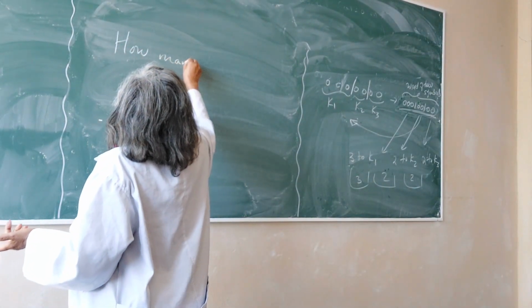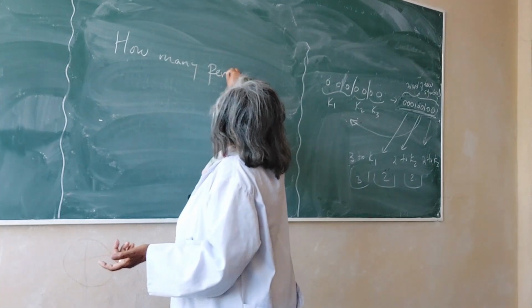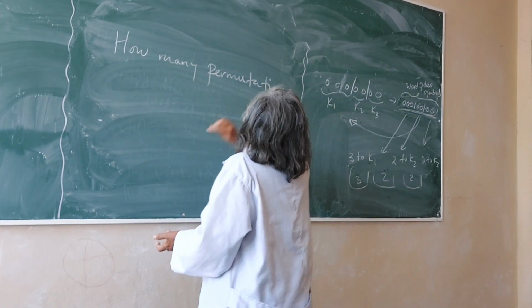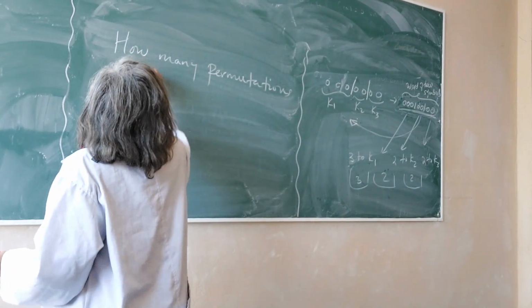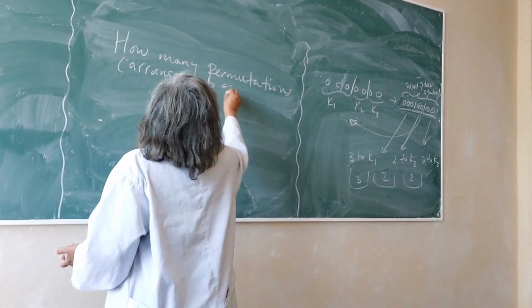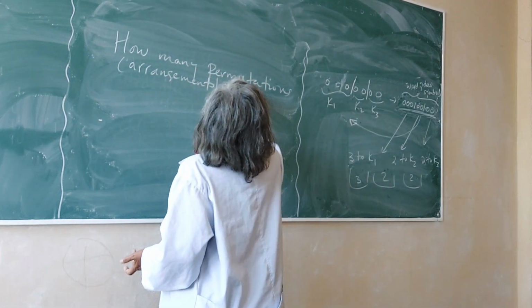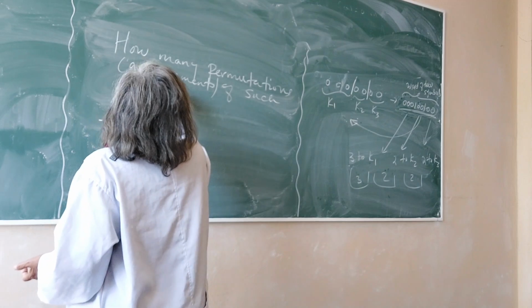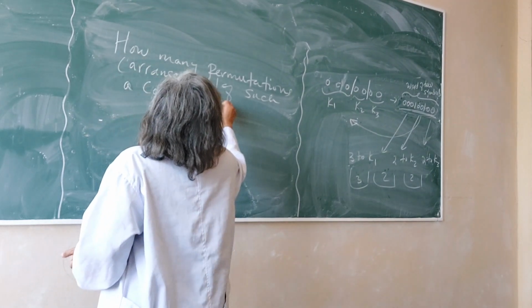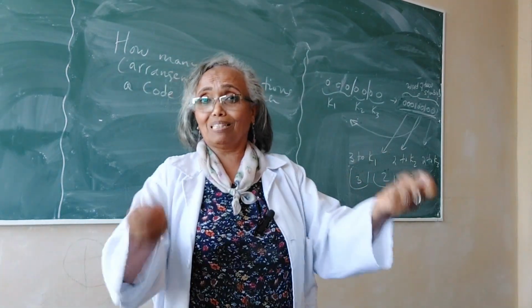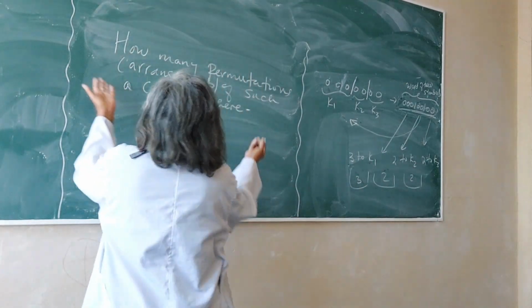How many permutations, arrangements, of such a code are there? You know what permutations are. That would be the number of distributions of those 7 candies.